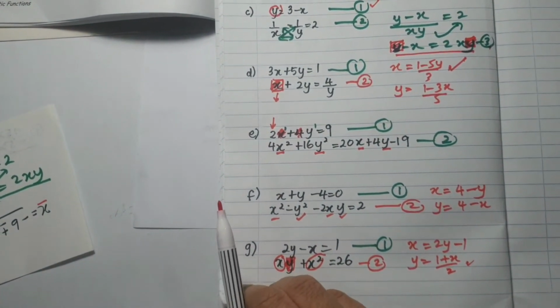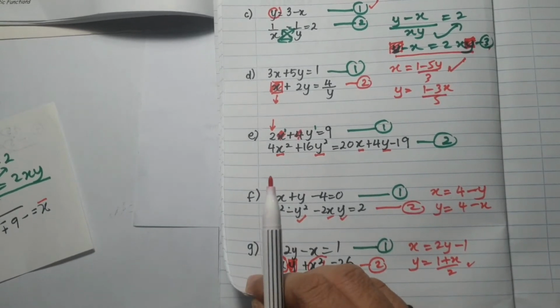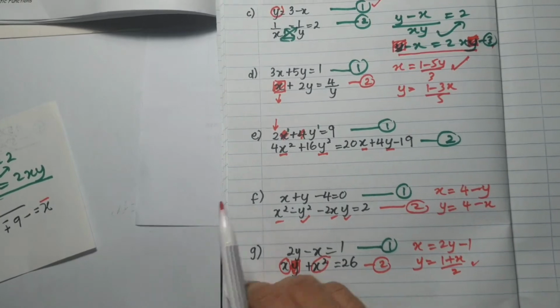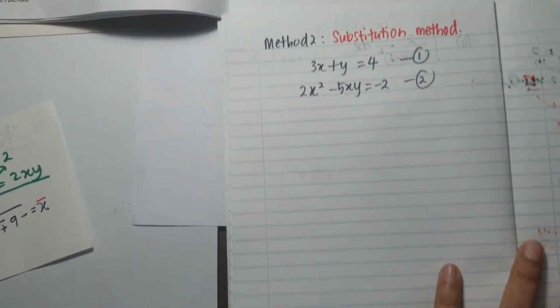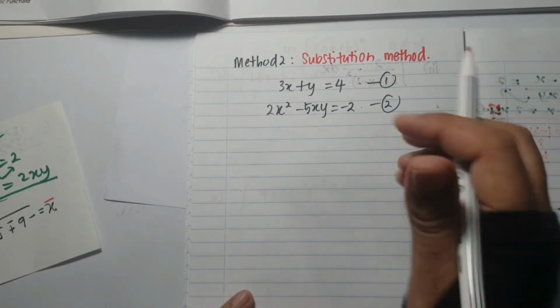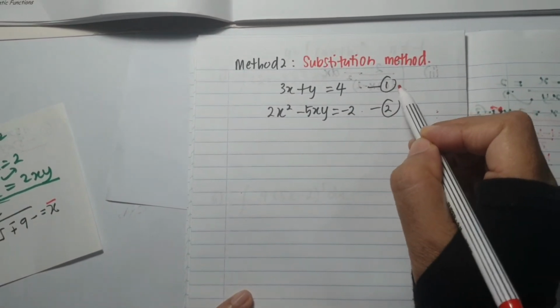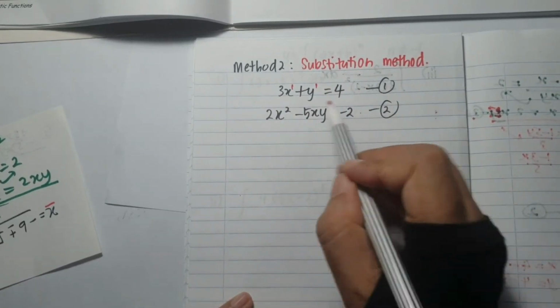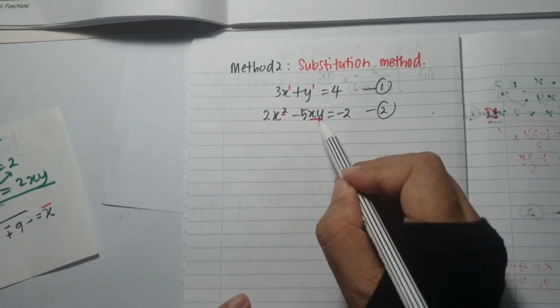Alright, you start. Okay, next, let's see how to solve this question using this example. Okay, this one, so this is your linear, power of 1, right? And this is non-linear because here you have power of 2 and this term.